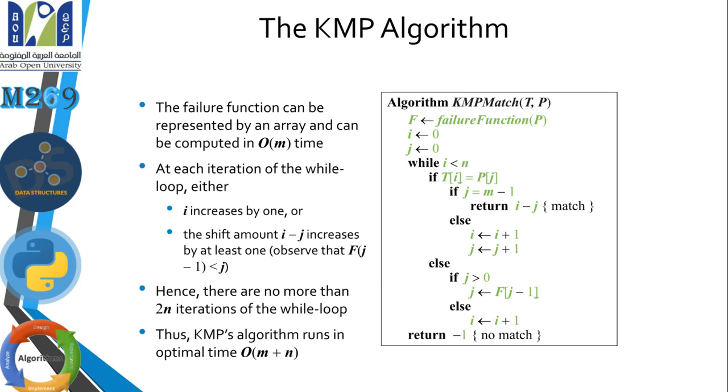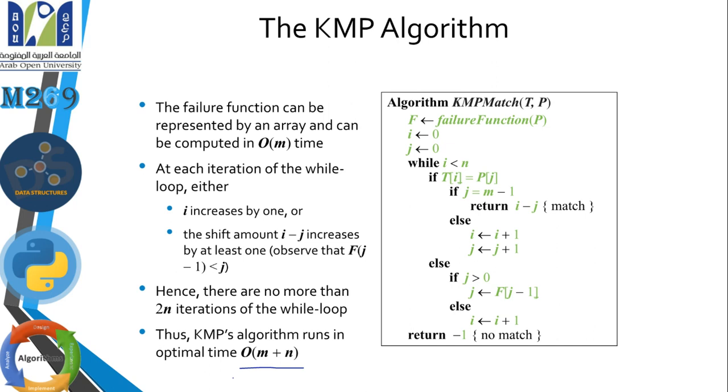Here the optimal time for KMP is O(M plus N). See, it is O(M plus N), not like the simple brute force algorithm for searching, where it takes M by N. Why we said M plus N?